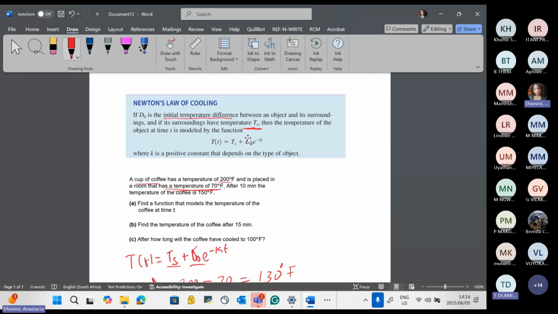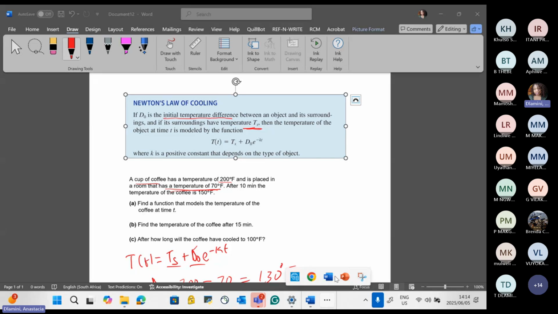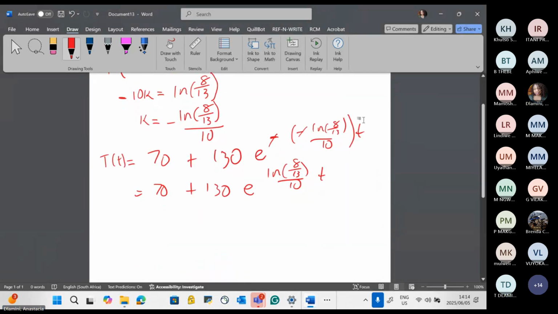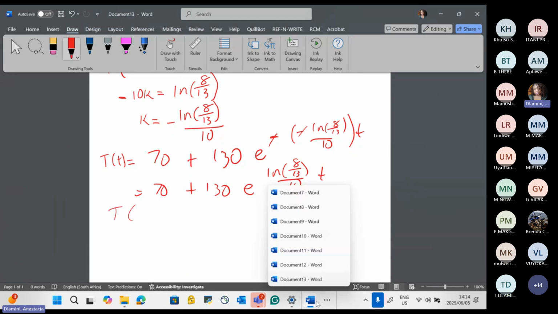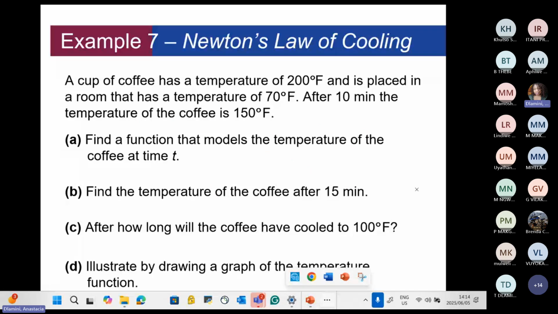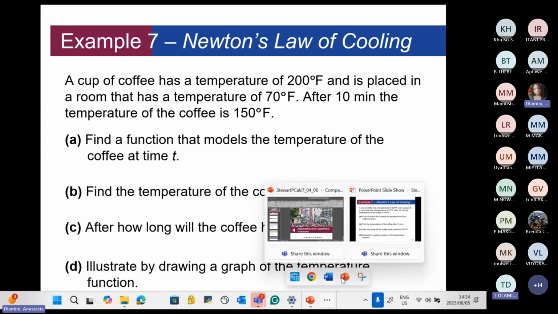Let me go to the slides. The question says, find the temperature after 15 minutes. So we substitute 15 into what we found.